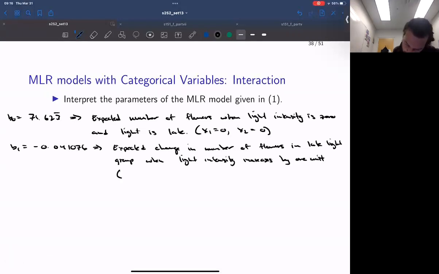Right? So this is still x2 equals 0, but x1 going up by 1.